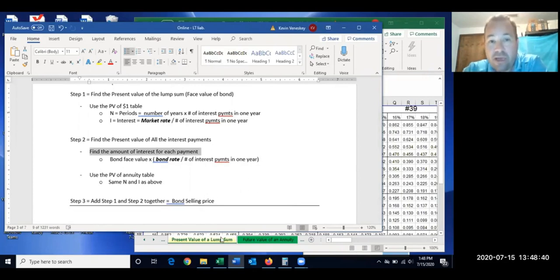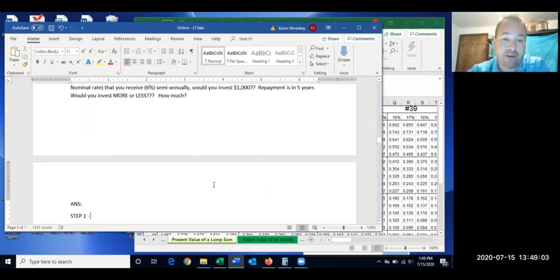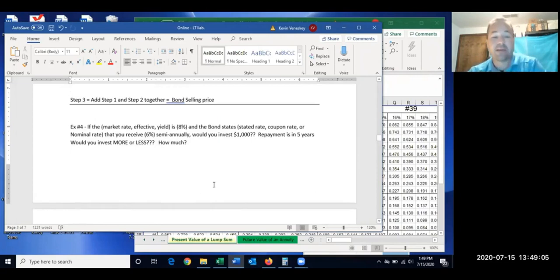So we would have had to do that anyway to see how much we had to pay our bondholders. It's just we have to do that up front now to figure out how much we are paying them. And then take that and find the number on the chart. And then once you've done steps 1 and 2, then step 3 is the easy one. You just add the values of step 1 and 2 together, and that's what your bond is going to sell for.